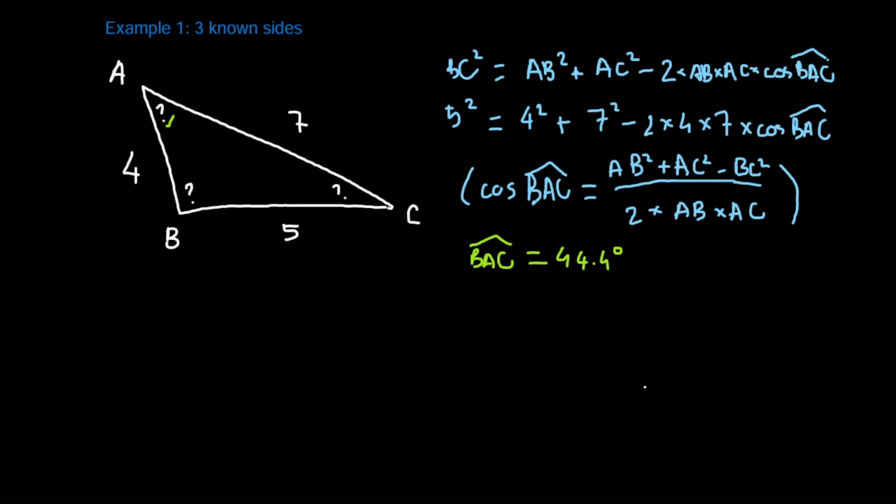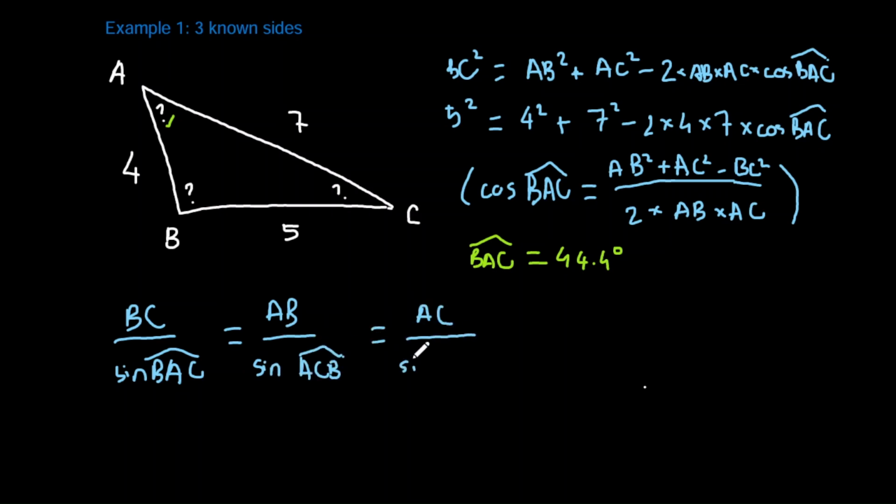I will use the sine rule here. BAC is opposite to BC, so we have, again plugging the numbers in.